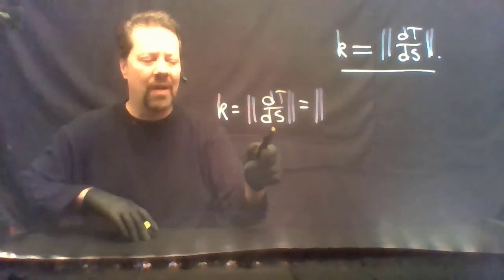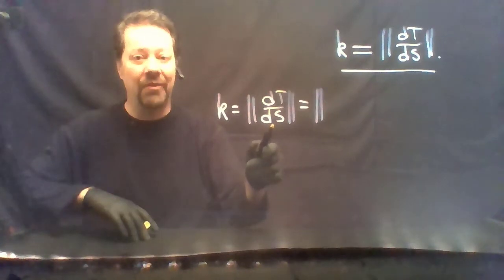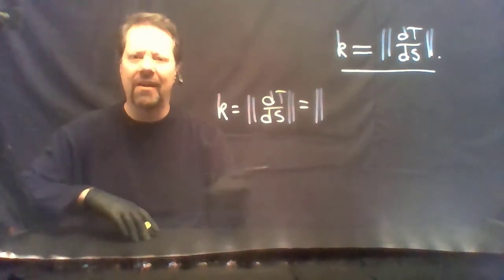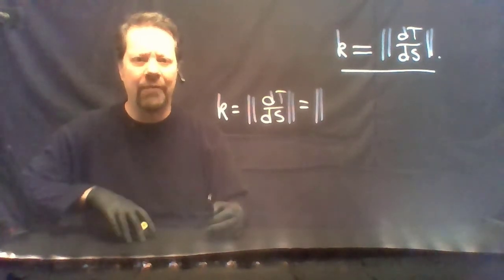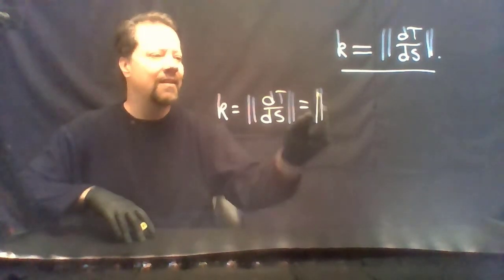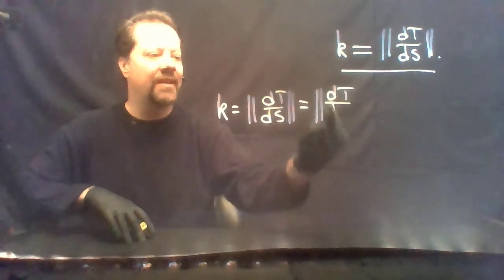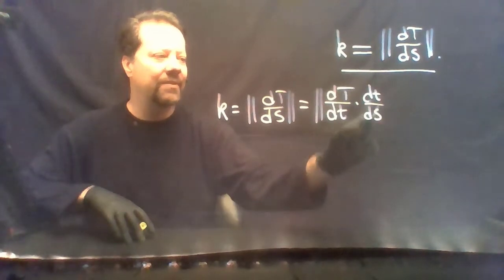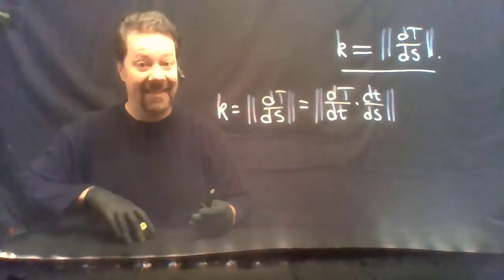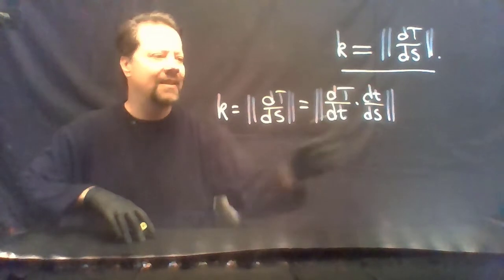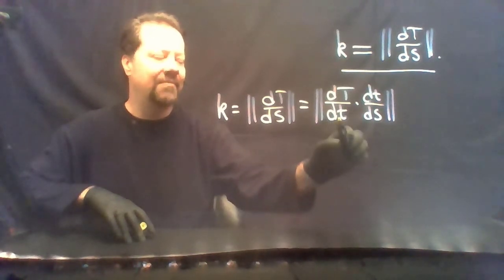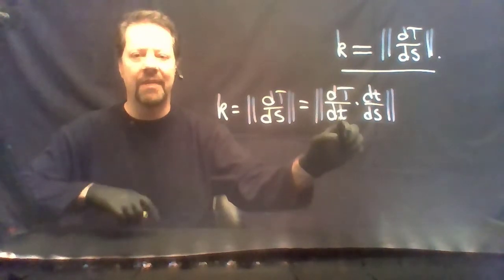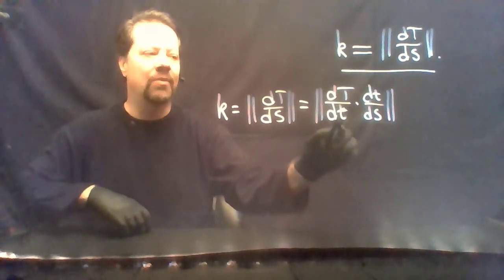Now, one problem is that I don't want to have to reparameterize with respect to arc length. Arc lengths are really hard to find. I want to avoid that if at all possible. So how about this? We parameterize with respect to whatever we want, and then use the chain rule. That seems like a much better idea. dT, the derivative of the unit tangent vector with respect to the parameter, an arbitrary parameter t, is a vector-valued quantity.